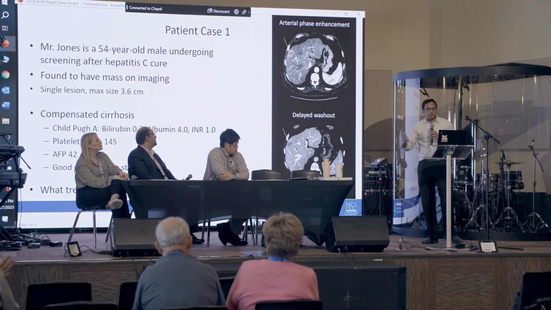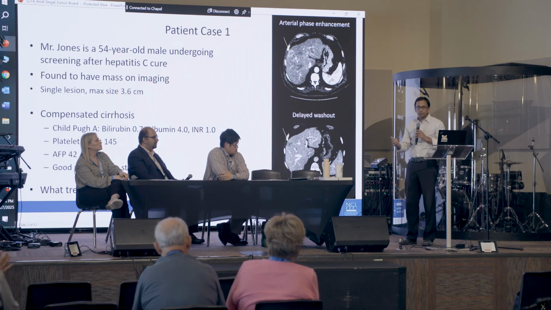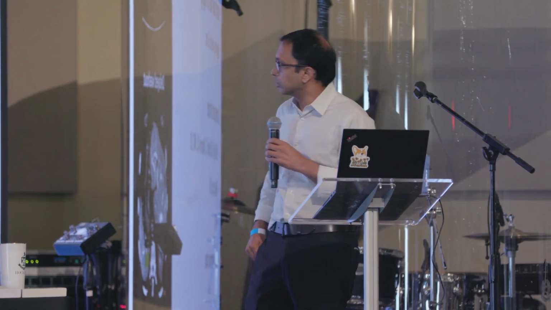And so we treat this without needing to do a biopsy because of this characteristic appearance. Not all liver cancers have this appearance, but when it's present in the right clinical setting, we treat accordingly. So it's a very unique aspect of liver cancer compared to other cancers.